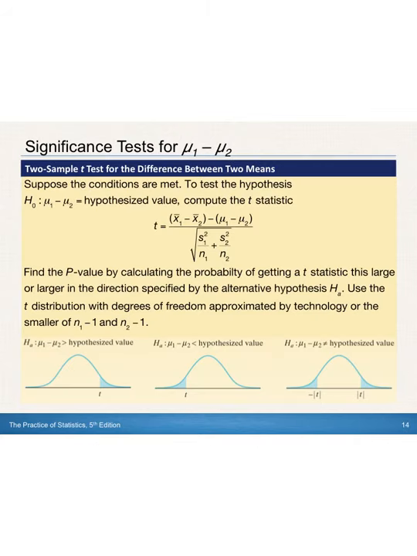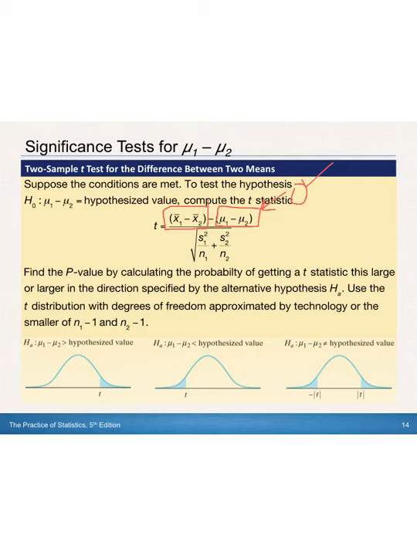So to run a significance test, you've got to check your conditions, make sure it's true for both samples. Then for your null hypothesis, once again, this part is the difference of your sample means, and then this part is almost always going to be 0 unless it's indicated in the problem what the accepted difference between those two is.